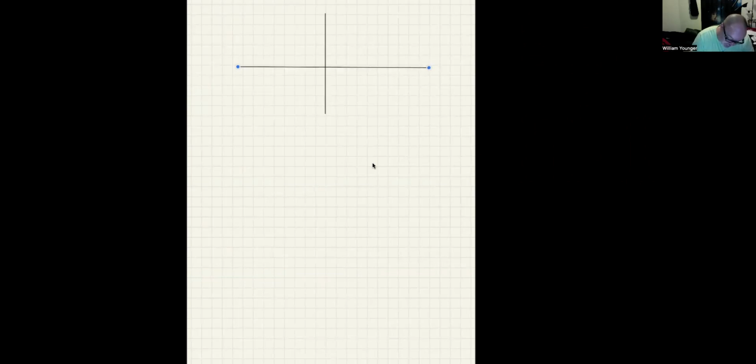A very typical example of that is y equals cosine, which is a case of an even function. So if I go like this, and then I do the same thing on this side, that is y equals cosine x, and that's what we call an even function.